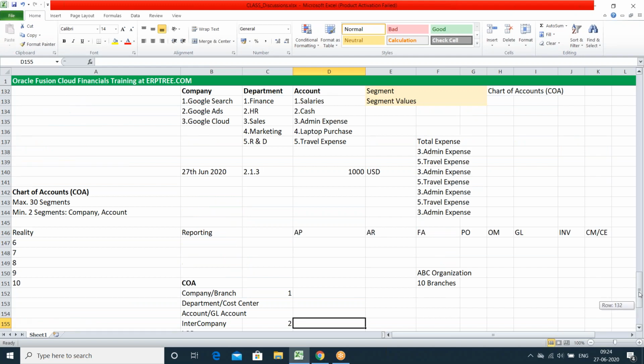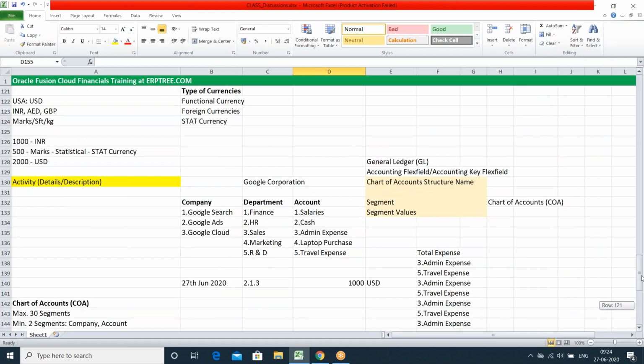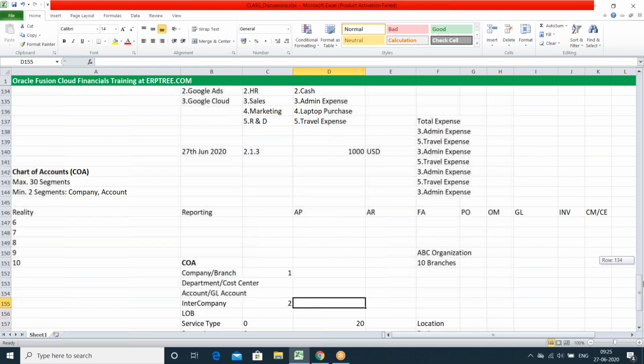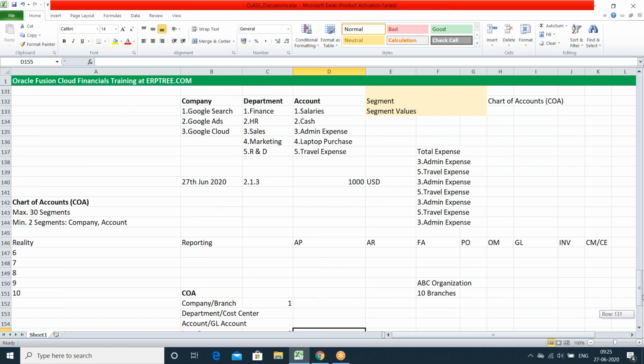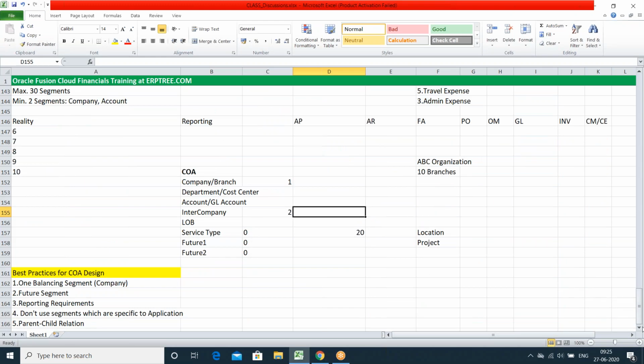Any other questions from anyone to understand this chart of accounts? Okay, fine, no questions. So primarily these are the points you have to understand. Okay, done.